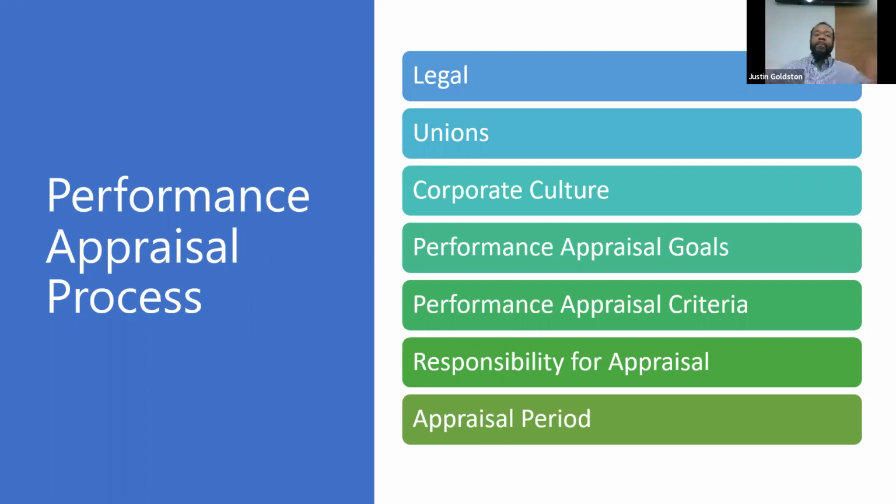So again, we have the 50,000 foot view of what we're trying to achieve. What is the goal of the entire performance appraisal process? And then we look to break that down. So we have to look at the overall goal and then drill down into the performance appraisal process.